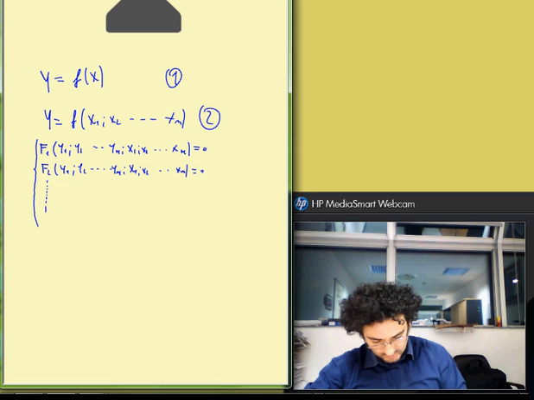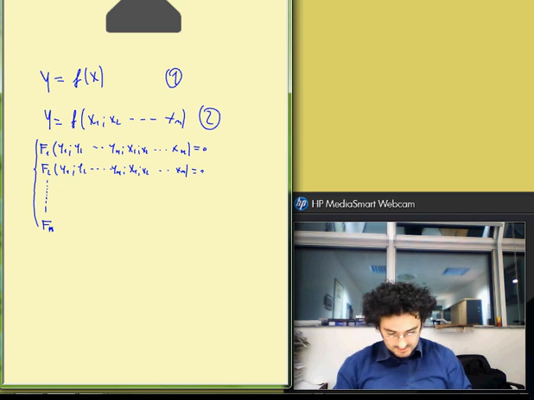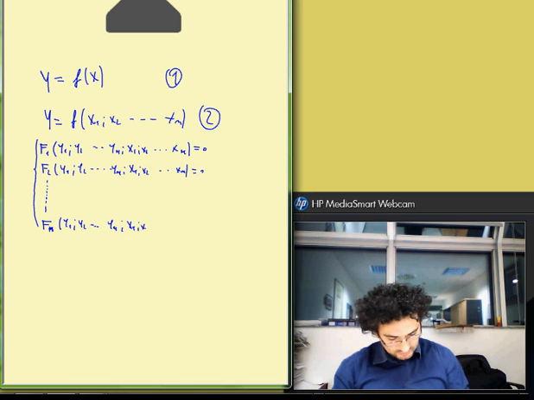Finally, we have f1, f2, f3 until fn. So we have n equations in our system. Fn of y1, y2 till yn, x1, x2 until xm equal to 0.